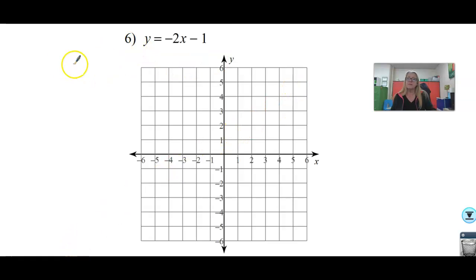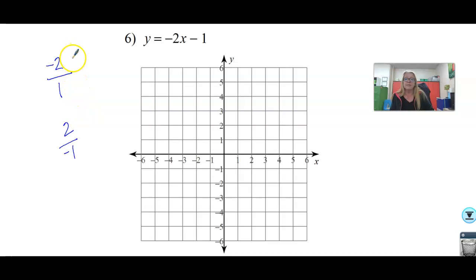All right, so number 6, we have a slope of -2. So that means we have -2 over 1, okay? -2 over 1 could also be written as +2 over -1. Sorry, interruptions.